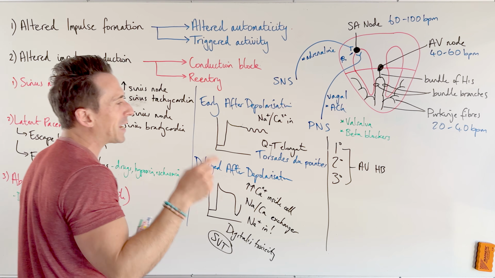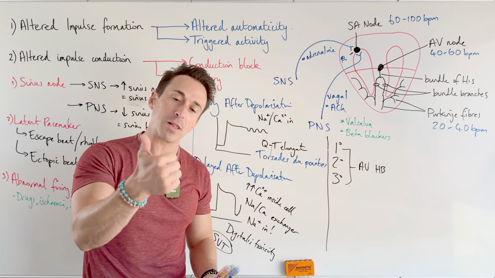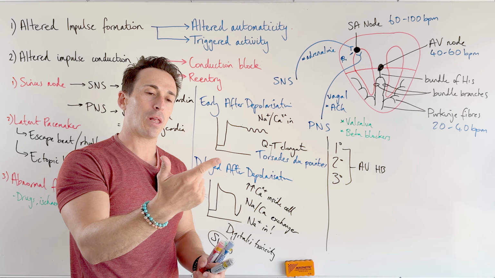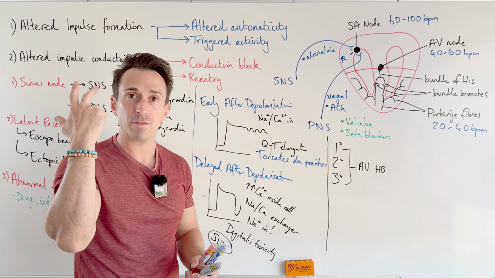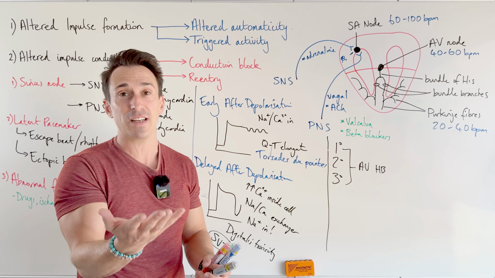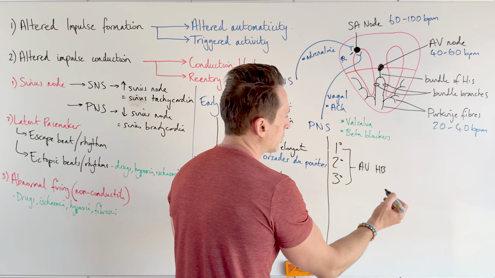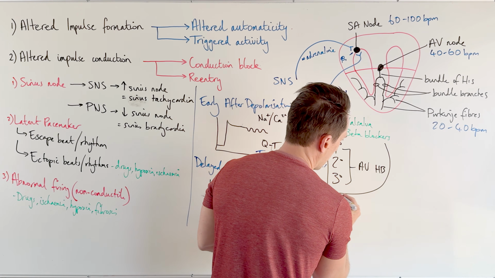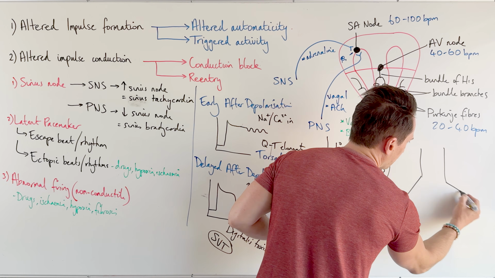And then finally, re-entry. This is a really interesting one, and the cause of atrial fibrillation, atrial flutter, ventricular tachycardia, ventricular fibrillation, and SVT. So it can be the cause of those things, not always, but can be. So here's what happens with re-entry. It's really interesting.